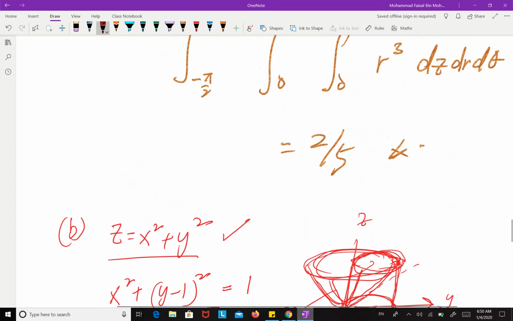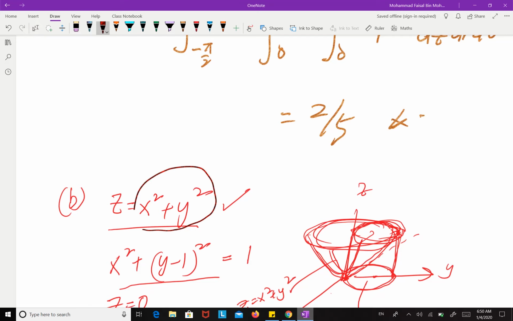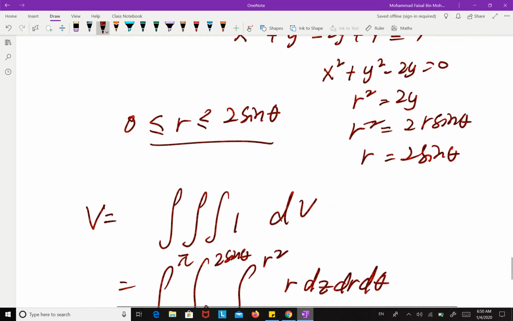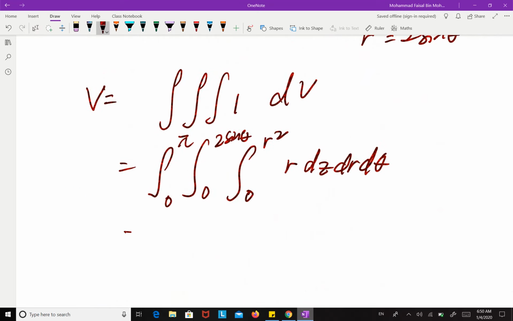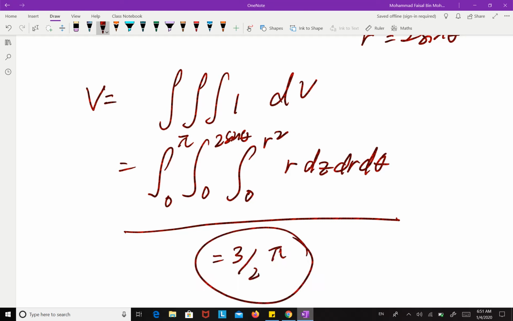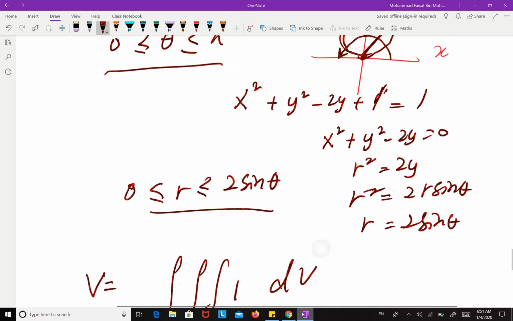Because they give you z equals x squared plus y squared, so you just change to r squared. You can integrate this and you will get 3 over 2 pi. The integration is quite long, so try to integrate slowly.